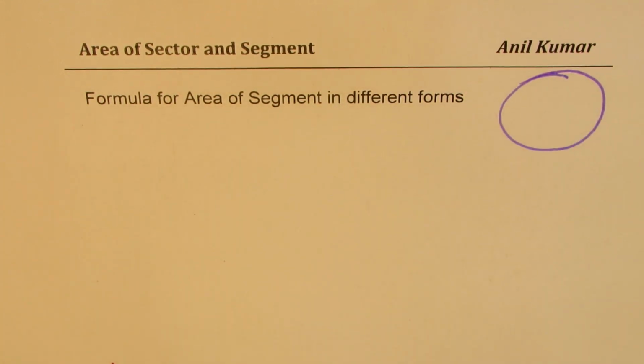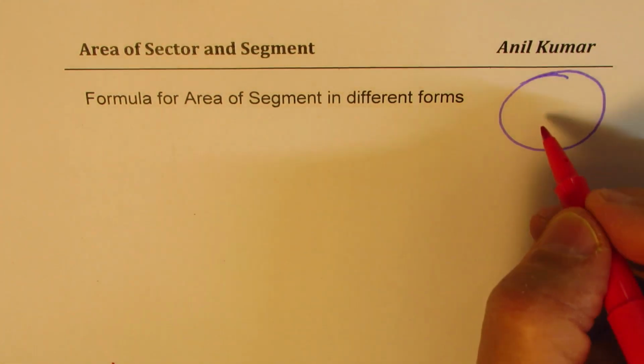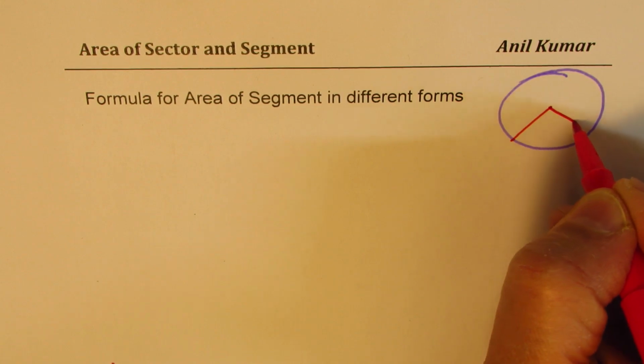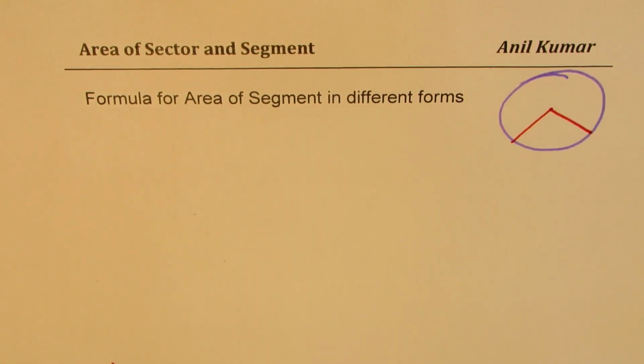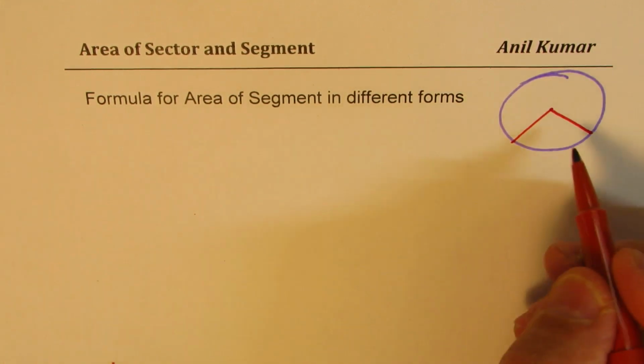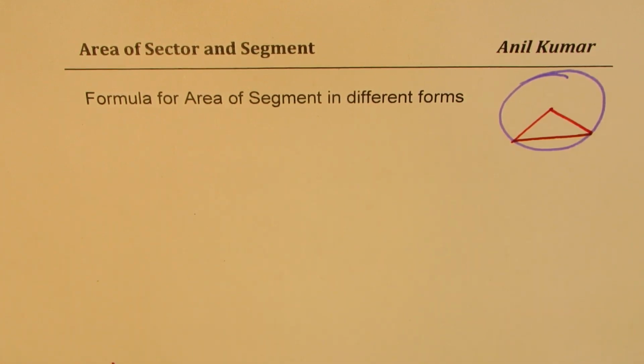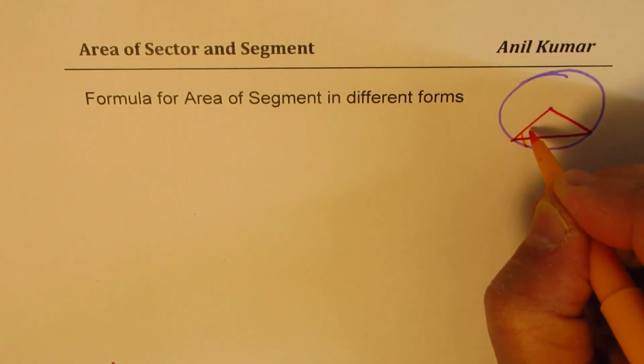So in this circle, we'll make a segment. So let's say that's the radius, okay, and let me connect these 2 points. Okay, so what we have really here is a circle with a sector.